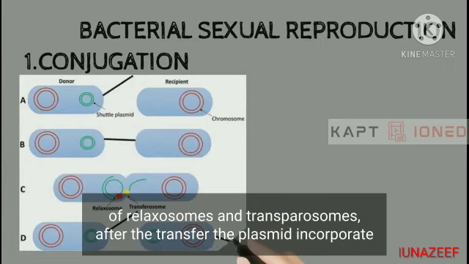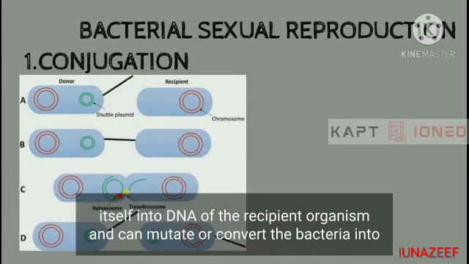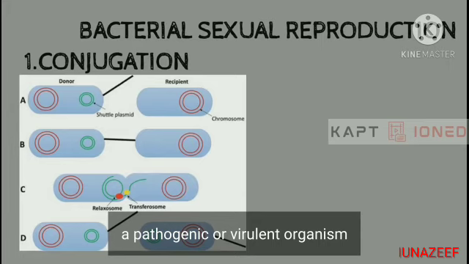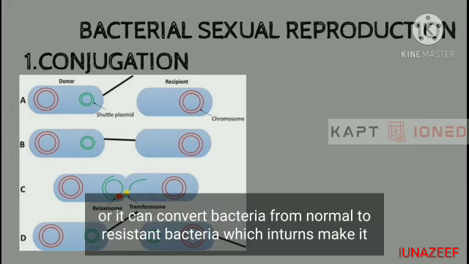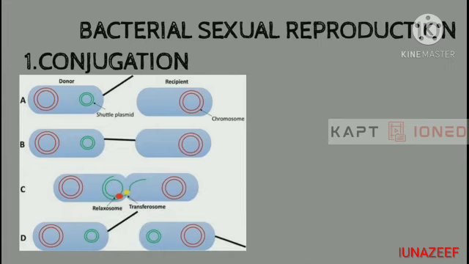After the transfer, the plasmid incorporates itself into the DNA of the recipient organism and can mutate or convert the bacteria into a pathogenic or virulent organism, or it can convert the bacteria from normal to resistant bacteria, which in turn makes it very pathogenic.